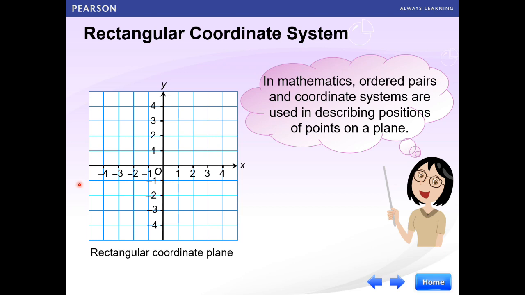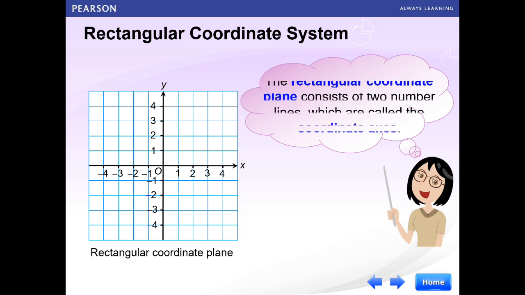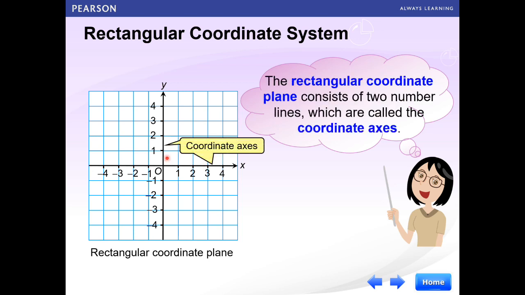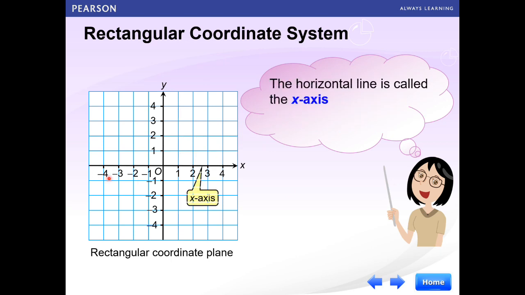You will have two number lines. One is horizontal, another is the vertical one. And also you will see the x and y. These two lines we will call the coordinate axes. The horizontal one, you see that's x, so we will call it the x-axis.